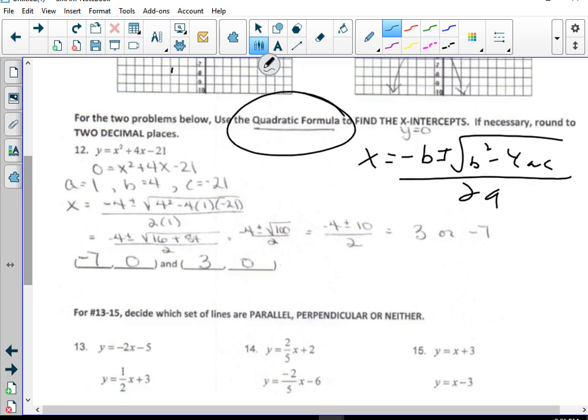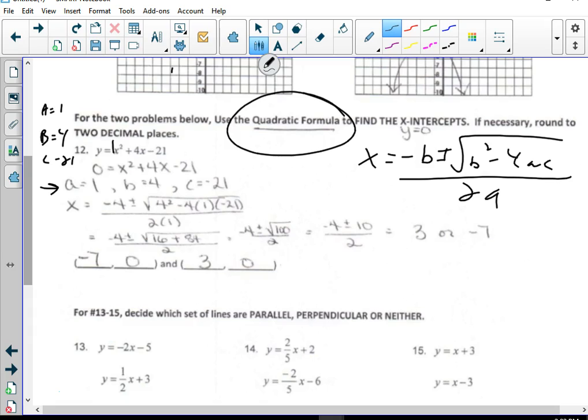So you fill in the numbers, but your first step should always be to identify a, b, and c. So my a is 1, b is 4, and c is -21. This is a good way to get partial credit, showing work. Identifying a, b, and c is the best first step you can do. You can write it like that, or side to side, whatever. Then you just put your numbers in.